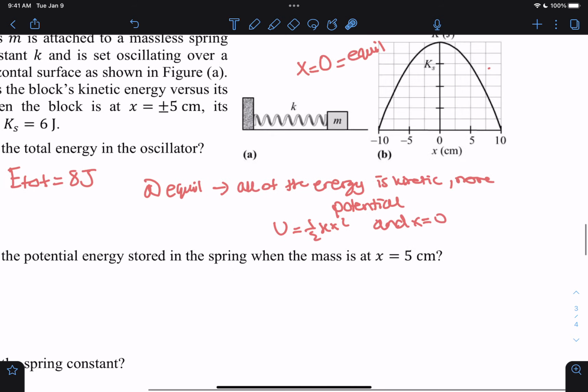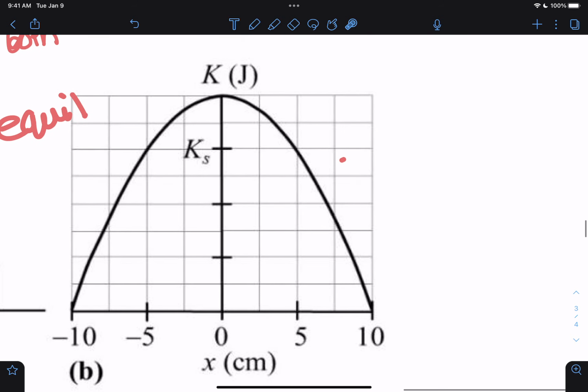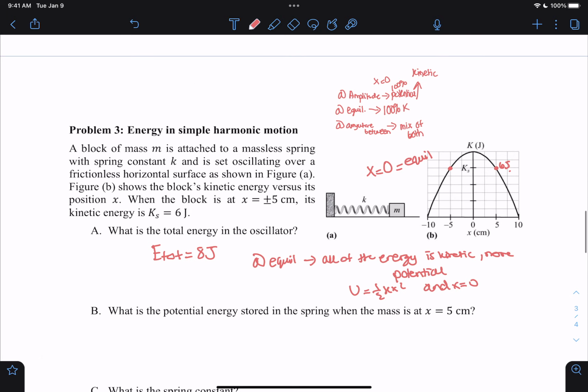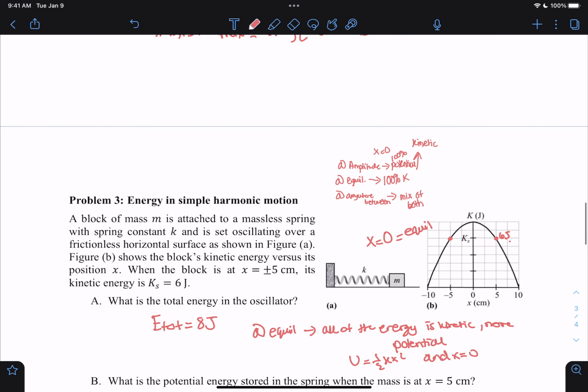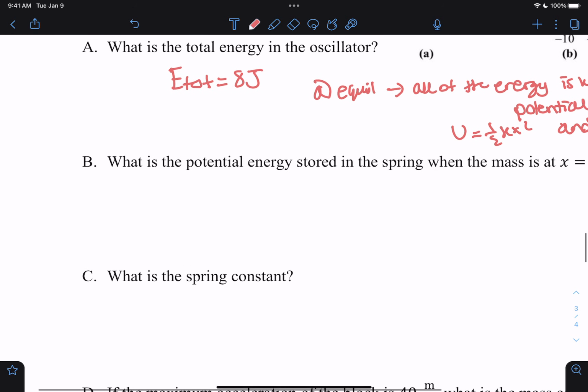Now, if I were to ask for part B, what is the potential energy stored in the spring when the mass is at x equals 5 centimeters? Well, at x equals 5, whether it be 5 or negative 5, they told us it was 6 joules of kinetic. How would I find out the potential? I know E total is equal to 8 joules, and I know that kinetic is equal to 6 joules.